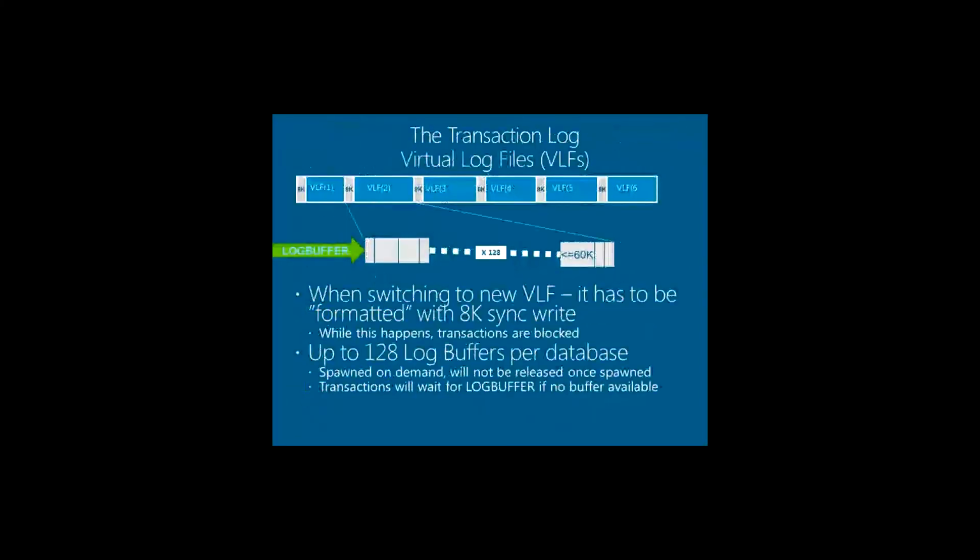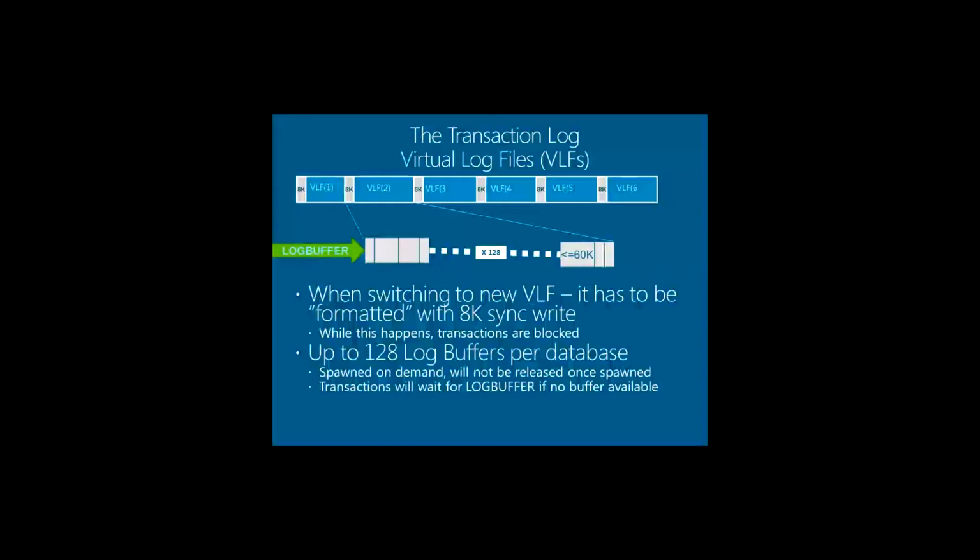A little bit about the transaction log, because that is a very performance critical part of SQL Server. Internally, the transaction log is made of virtual log files, or VLFs. It's just a way to logically subdivide the physical transaction log file, and VLFs are the units at which we reclaim file space.